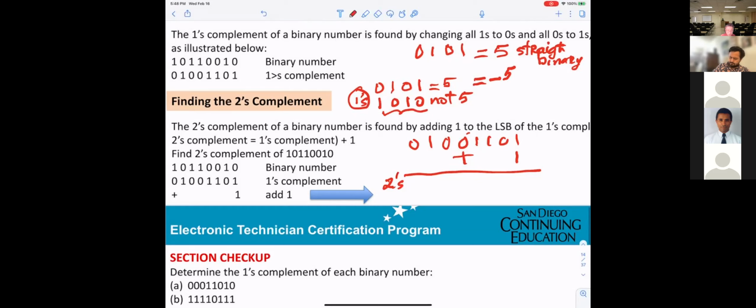Zero, one, zero, zero. Okay. Wait a minute. You say 0 1, 0 0 0, 1 1 1 0, 1 1 0. Still a 1, right? And then a 0 at the end.